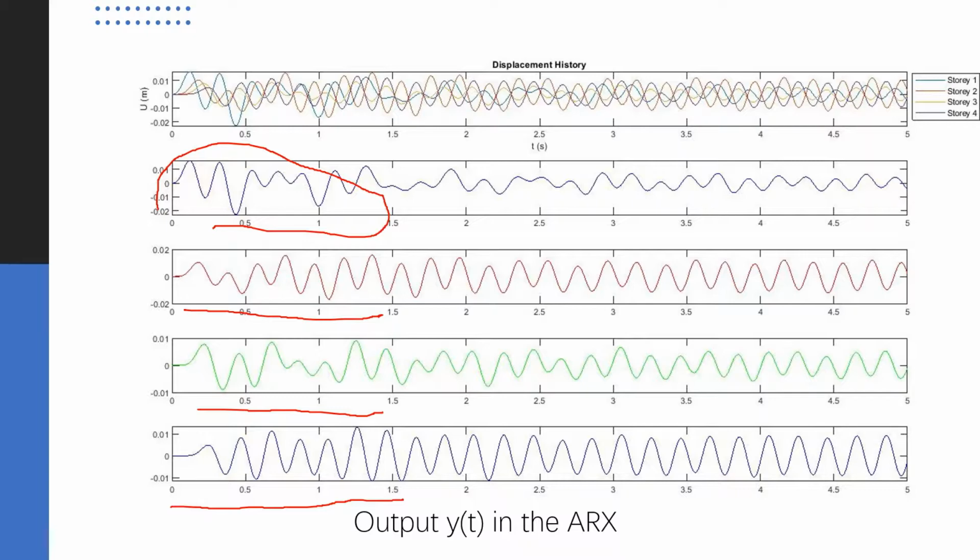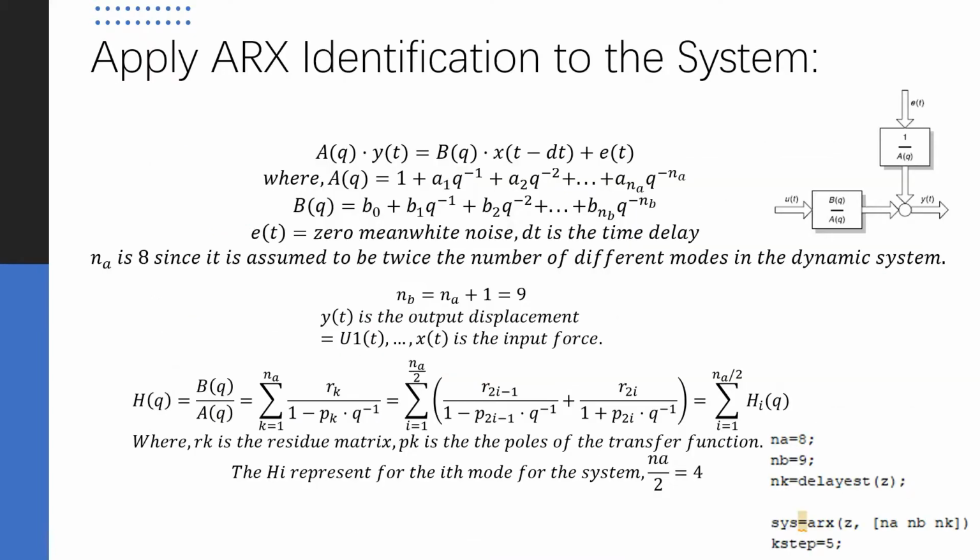The different displacement results, the comparison, and the discussion will be given in later slides. And now we are going to apply the ARX system identification technique to this building.